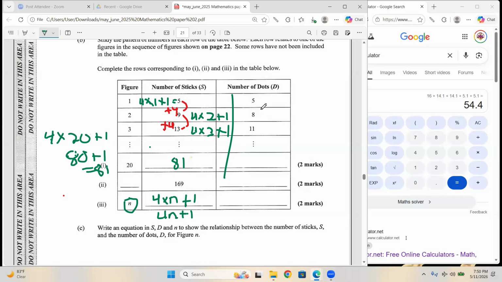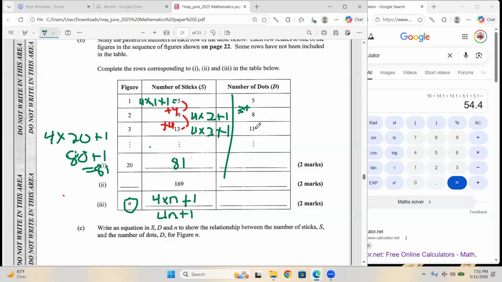For the dots, let's see. We have 5 and it increased by 3 here, right? So they added 3 to 5 to get the number of dots for figure 2.